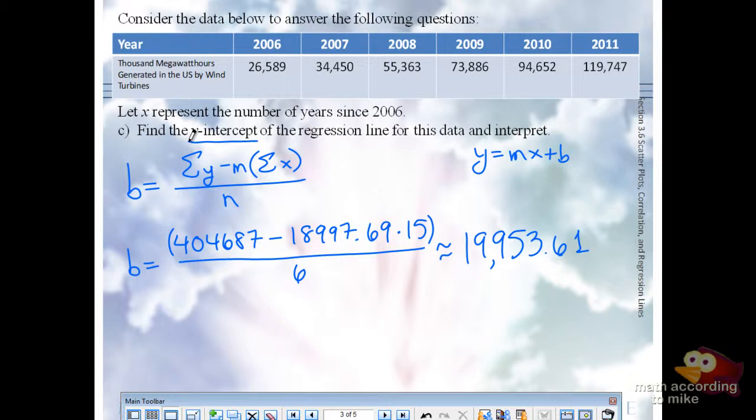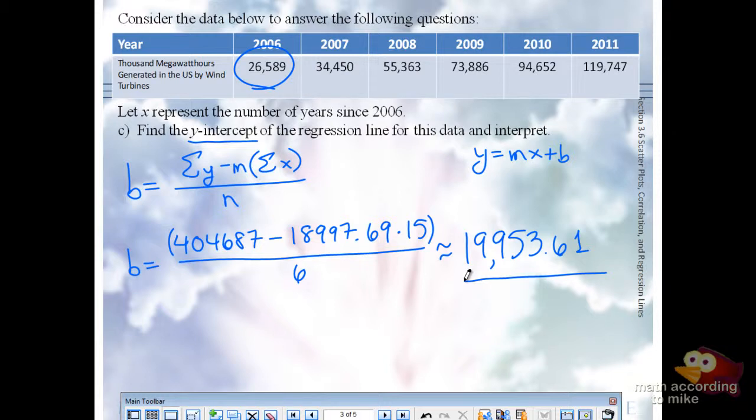What's bad about that? We're off by 7,000 megawatt hours. We know the actual value is 26,000, but we got an approximation of 19,000.